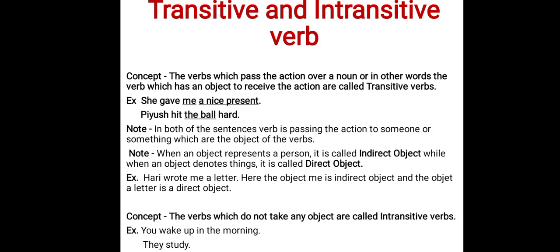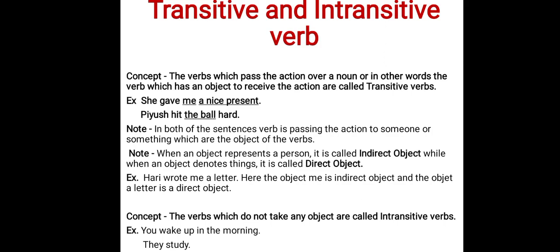That is why it is an intransitive verb. Again, in the next sentence you can see, they study. Here study is the verb, which is an action verb, but there is no word ahead. The sentence completes here only. So this is also an intransitive verb.